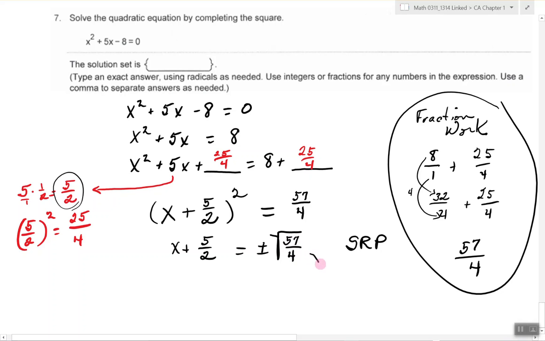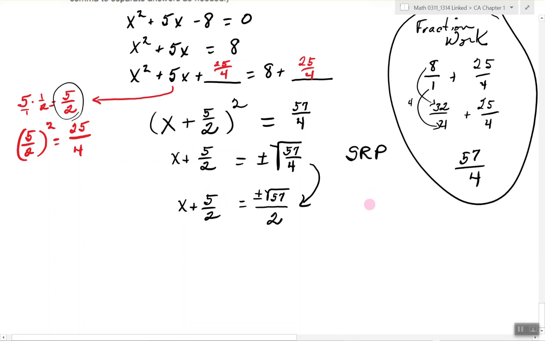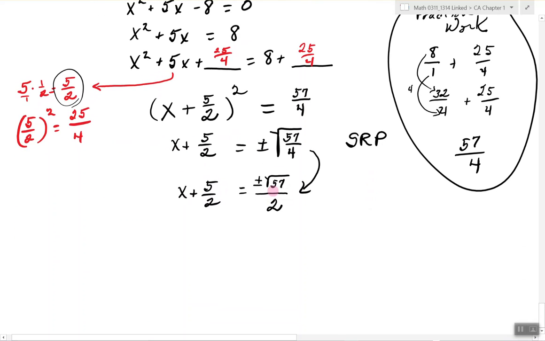I need to simplify. 57 does not have a perfect square factor in it, so it stays plus or minus the square root of 57, but hopefully you can see that I shrunk the radical because it is over, and I can simplify the bottom, rational 2. So I have x plus 5 over 2 is equal to this fraction on the right.